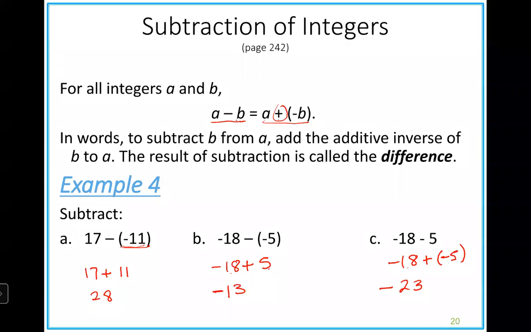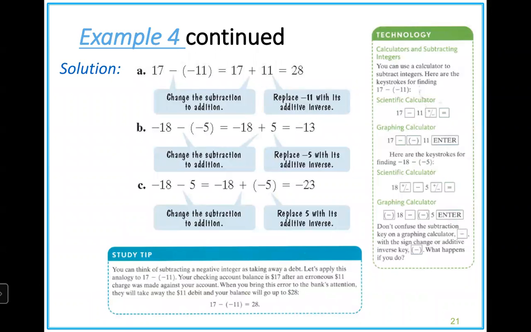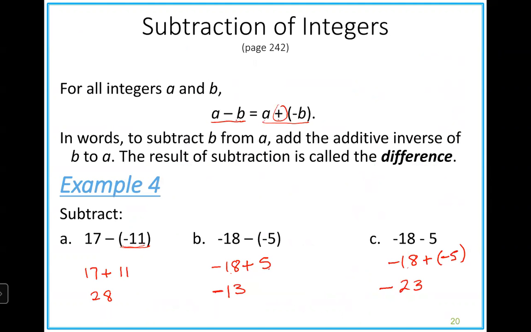This is page 242 of your book, if you have the book. And of course, because you have calculators, you can also use your calculator to do the same thing. All right, but if you don't have a calculator, or you want to do it mentally, then you could follow that principle of adding the additive inverse when you have to subtract.